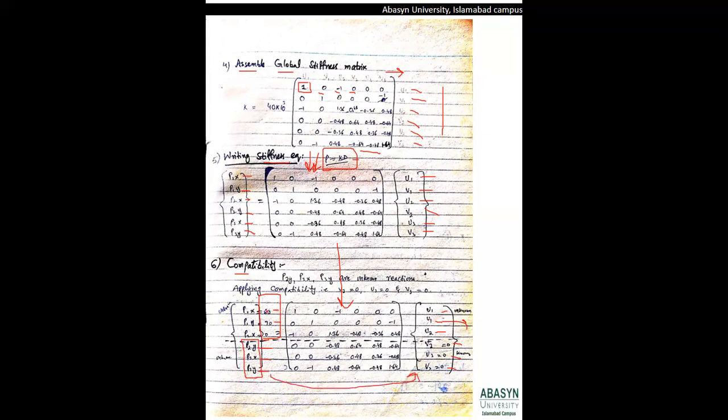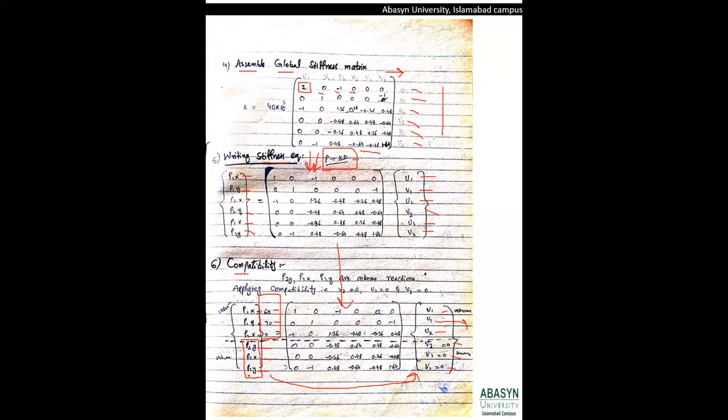Like in this case, we know the value of P1x, which is 60, but we do not know the value of U1. Similarly, we know the value of P1y, but we do not know the value of V1, and so on.